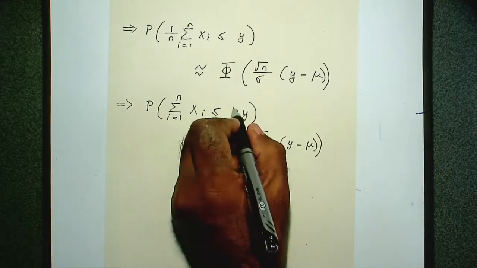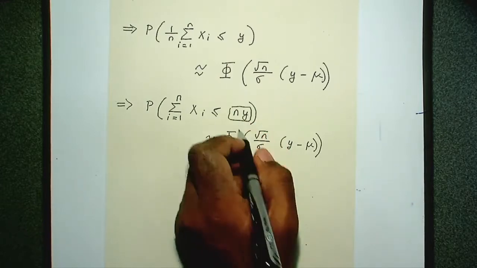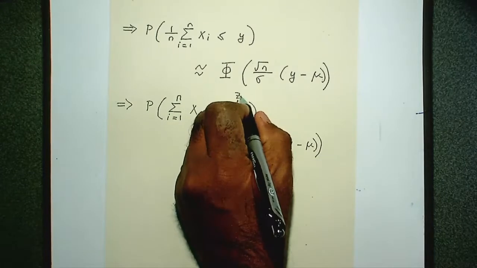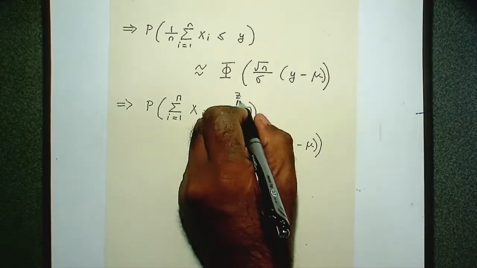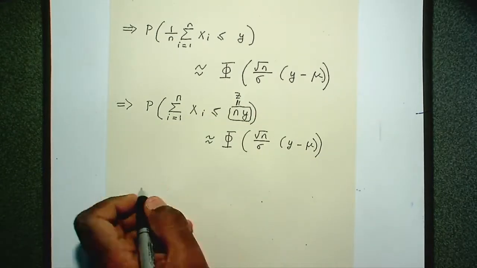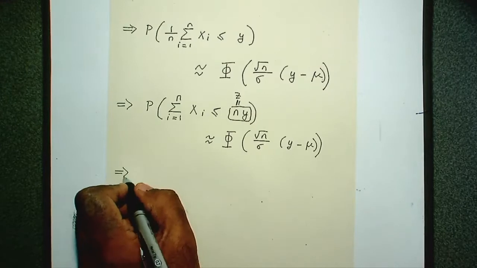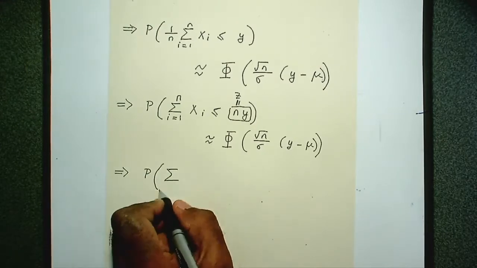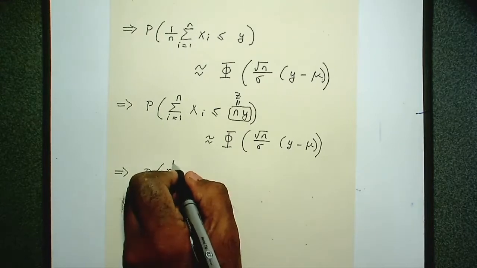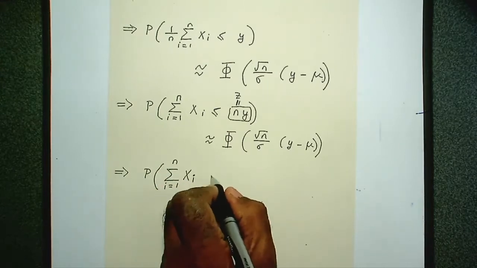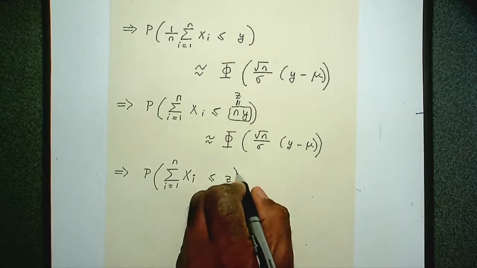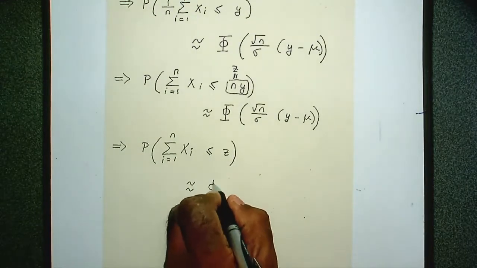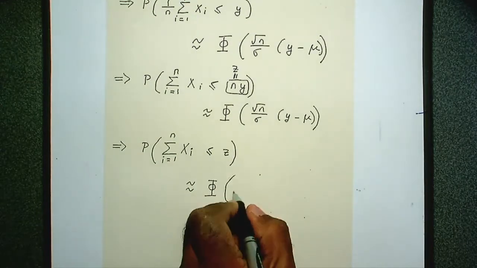Let me call this guy z. So this will become the sum of xi less than or equal to z is approximately equal to phi of root n.